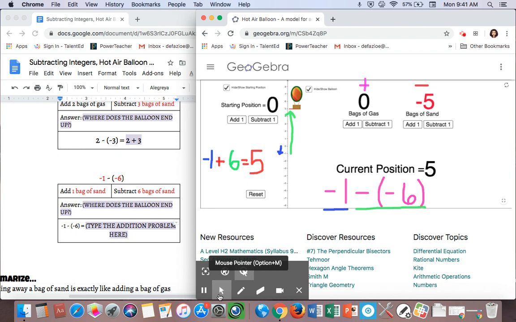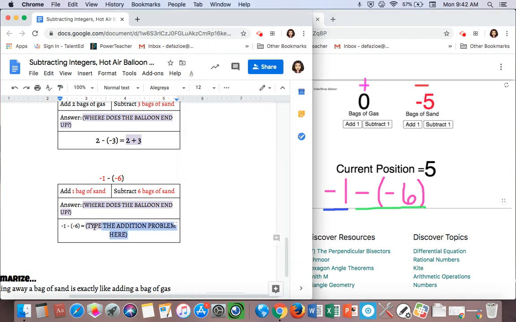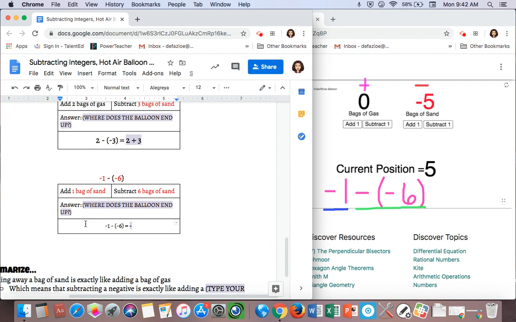So, again, to follow along with your guided notes, I'll type it here and I'll make it bold. We have negative 1 plus, not 76, just 6. Negative 1 plus 6.